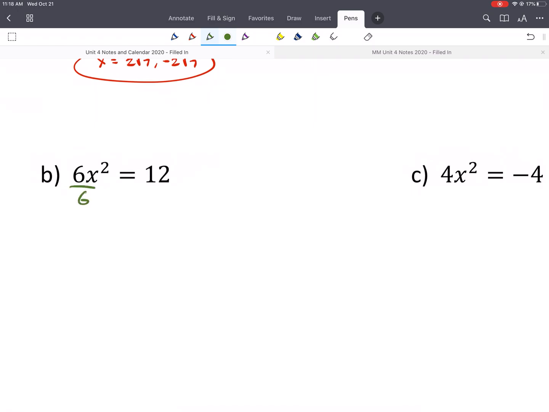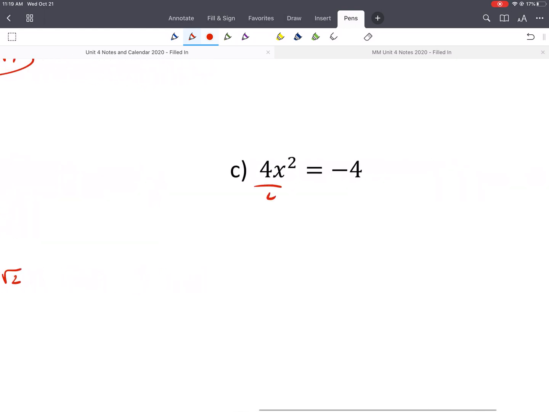So hopefully you did that. x squared is equal to 2. And then you'd square root both sides. So here we end up getting x is equal to a positive square root of 2 and a negative square root of 2. Here we divide both sides by 4.